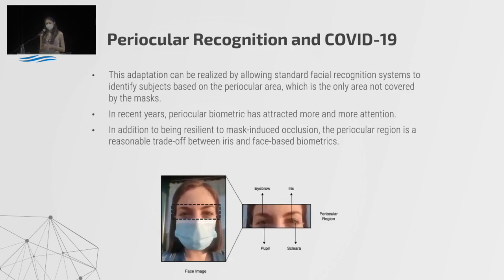This adaptation can be realized by allowing standard facial recognition systems to identify subjects based on the periocular area, which is the only area that is not covered by facial masks. In addition to being resilient to mask occlusions, the periocular region is also a reasonable trade-off between iris and face-based biometrics, as the first requires a high level of collaboration with respect to face recognition.